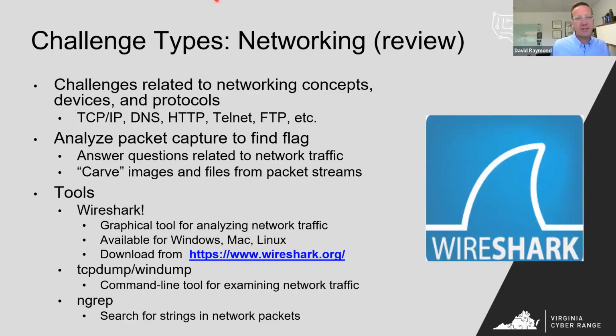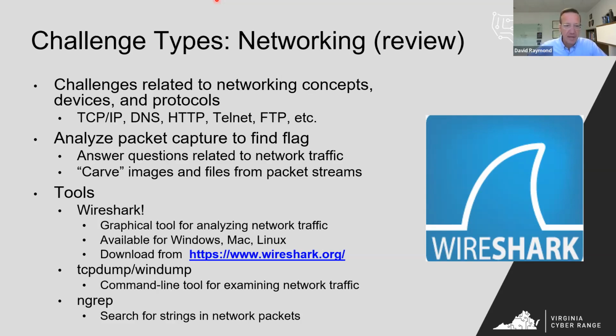Okay, we talked about this last week, right? Networking challenges generally relate to networking concepts, obviously. And you often are analyzing packet captures, not always. So today we're going to look at at least one challenge where you're not analyzing packet captures, but you're still doing a networking thing. The tools that we use are listed here, and I talked about these last week. Wireshark is probably the primary tool that you'll use on networking challenges, although there's some other stuff, right?